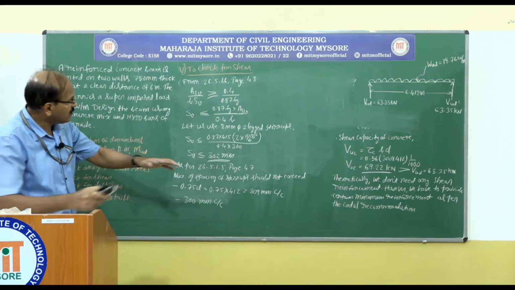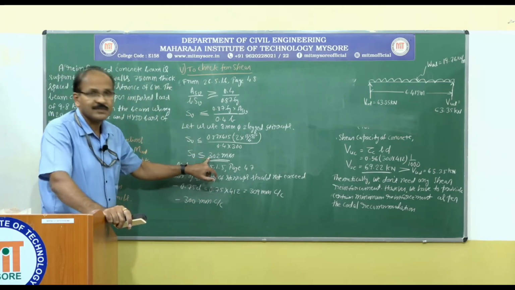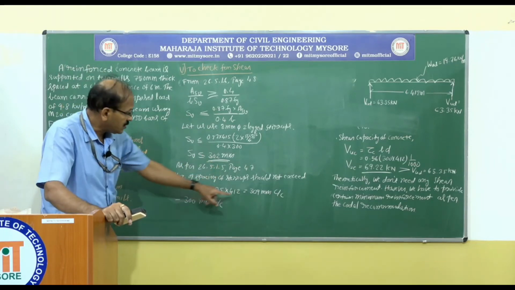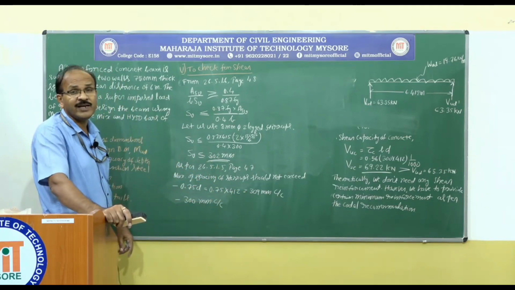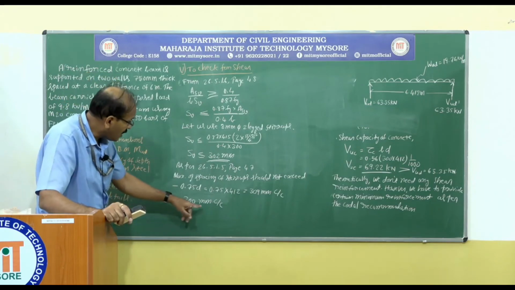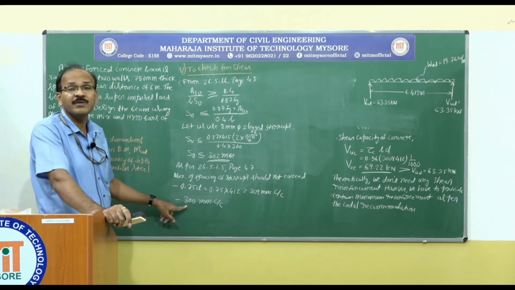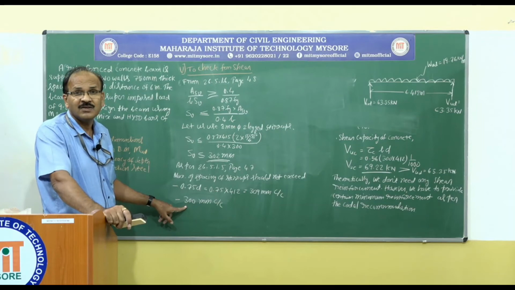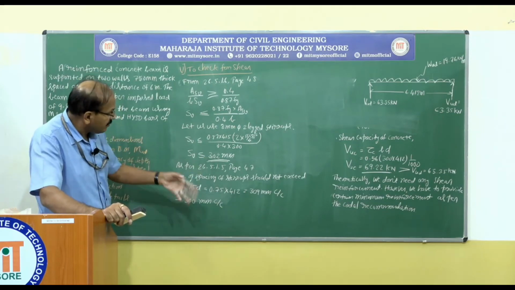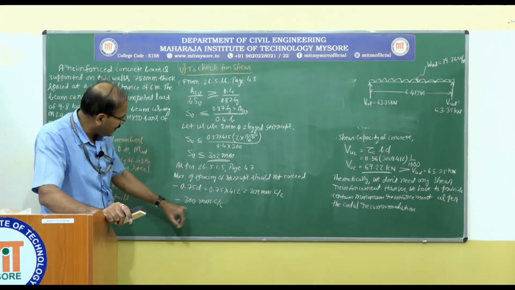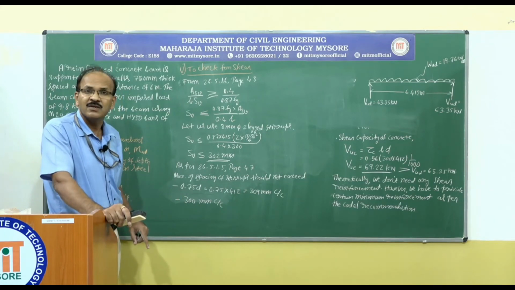So we have three values: 302, 309, and 300 millimeter center to center. Out of these three values, take the least. What is the least? 300 millimeter center to center.